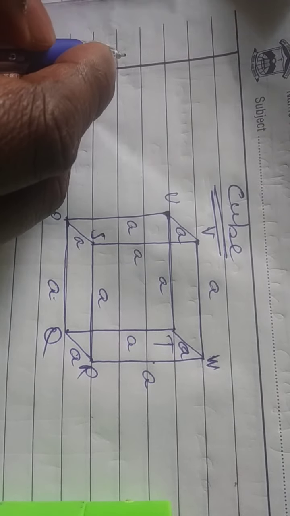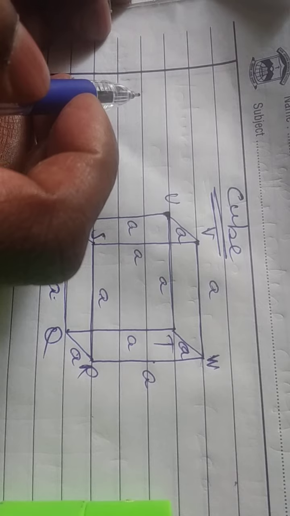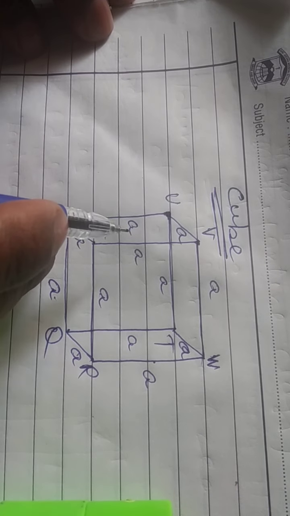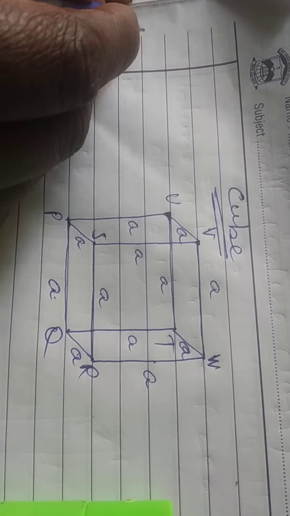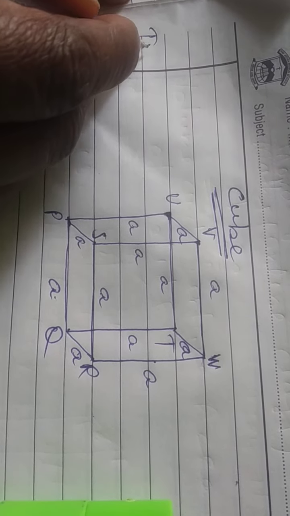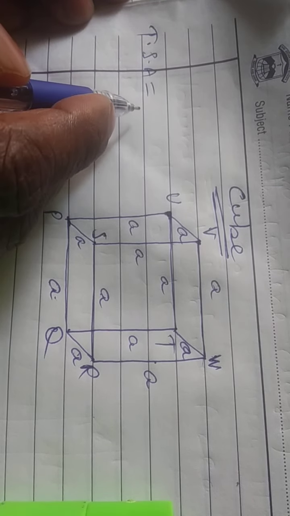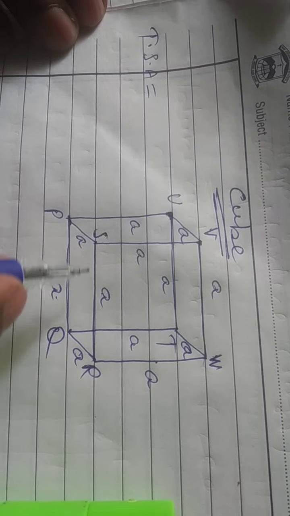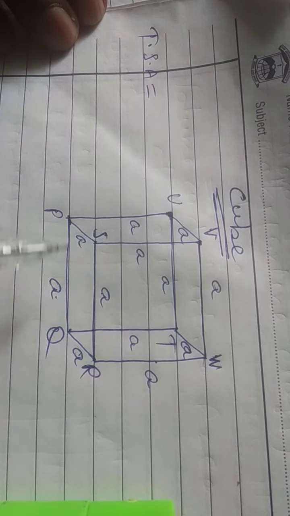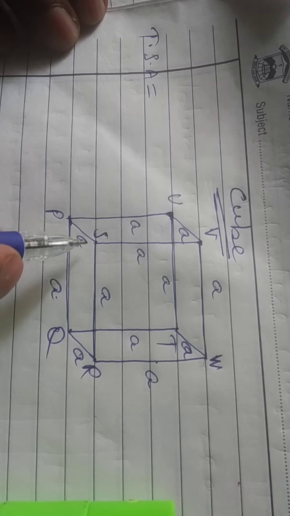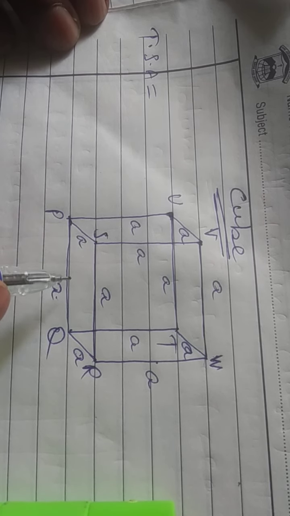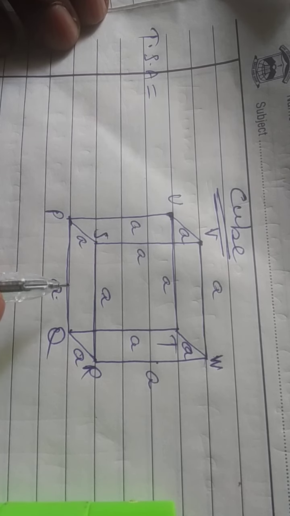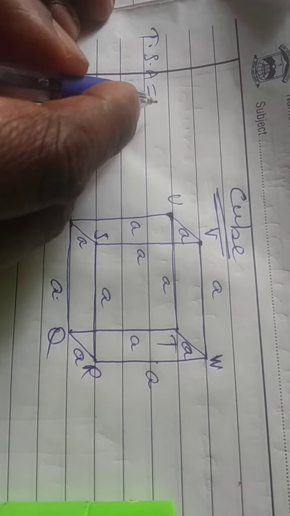We know that as in the cube there are 6 faces, the TSA of the cube will be the area of the 6 faces of the cube. All the faces of the cube are square in shape, and the area of a square is a square. If we add the 6 areas of the faces, we get 6a square.